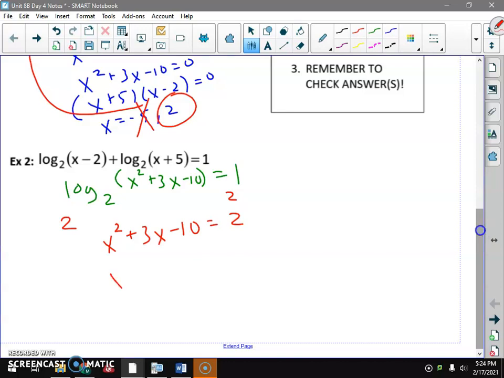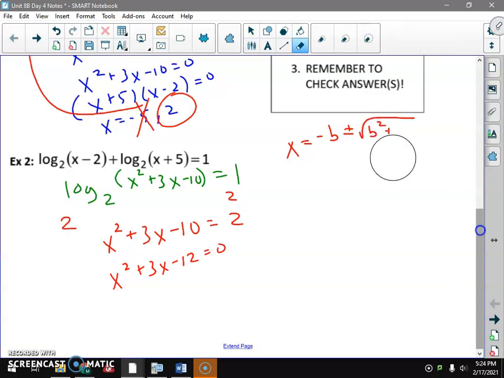I now have my quadratic, x squared plus 3x minus 12 equals 0. It is not factorable. Good old quadratic formula. You better have that in your back pocket. Negative b plus or minus the square root of b squared minus 4ac. I almost wrote a plus there. I'm a little rusty.